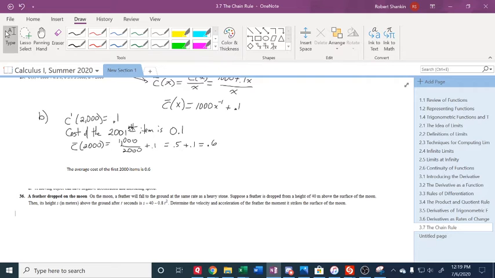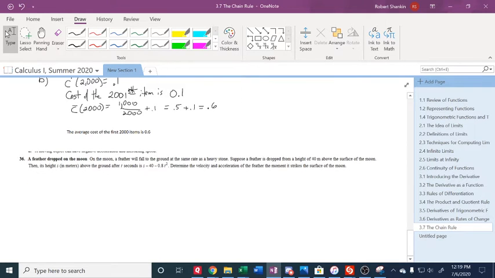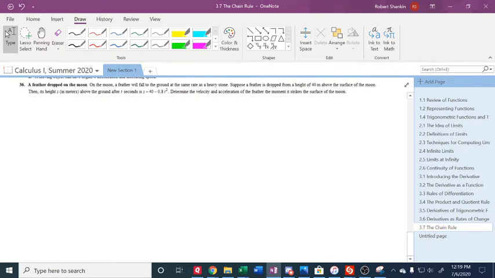All right, so if I was to draw a picture here, here's my feather, and here's the surface.